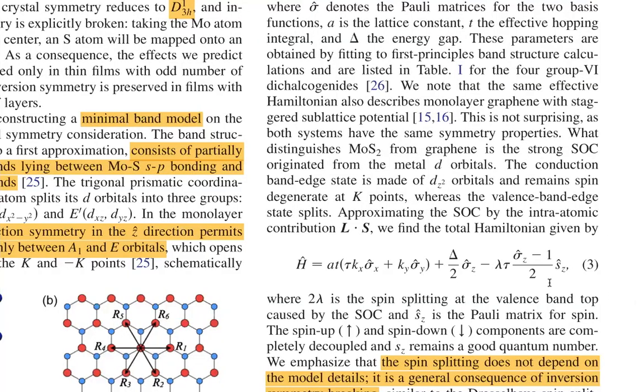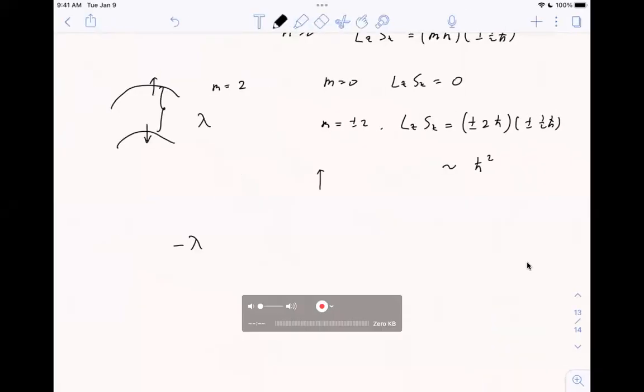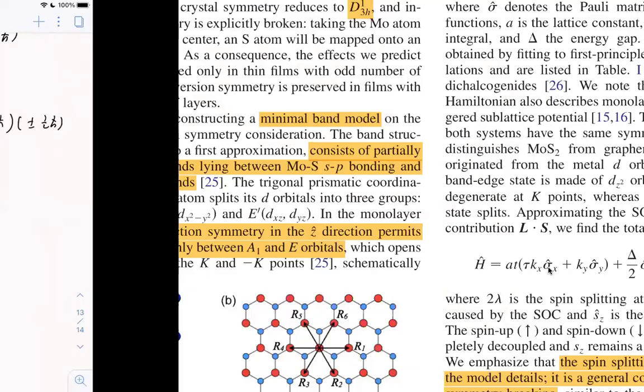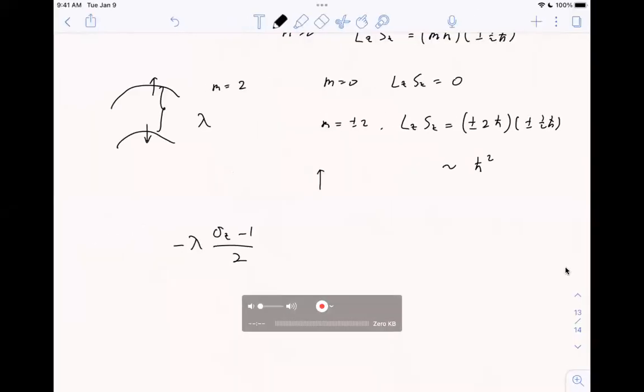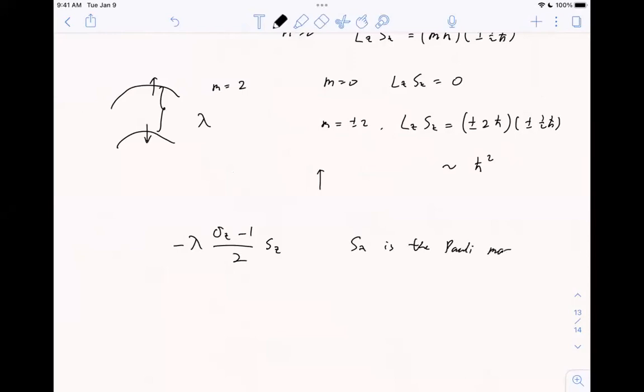Let me look at the paper. The paper uses sigma z minus 1 over 2, and here they introduce a new Pauli matrix called SZ. SZ is also a Pauli matrix, but it applies only on the spin space, like it only applies to spin up and spin down.